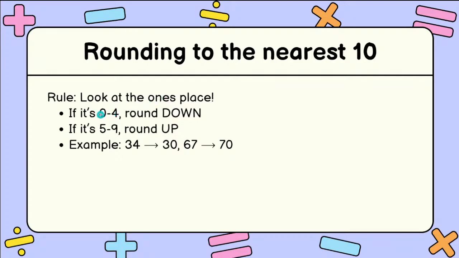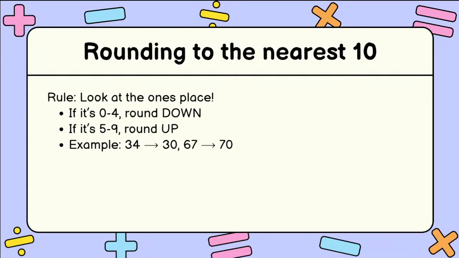If the number there is between 0 and 4, then we always round down, which means we keep the tens place as the same number, and we change the ones place to 0. And if the ones place is 5 to 9, then we always round up. Rounding up means we change the ones place to 0, and then to the tens place digit, we add 1.